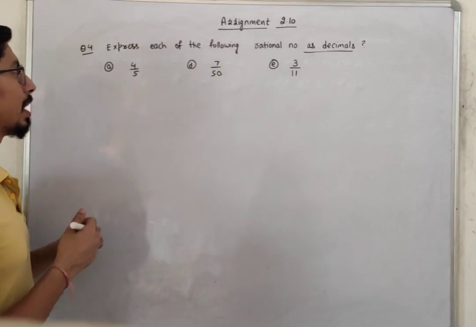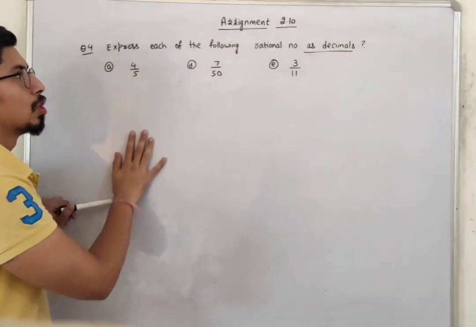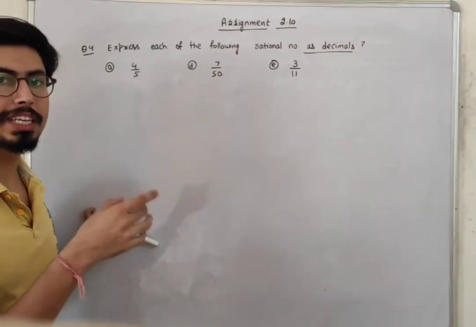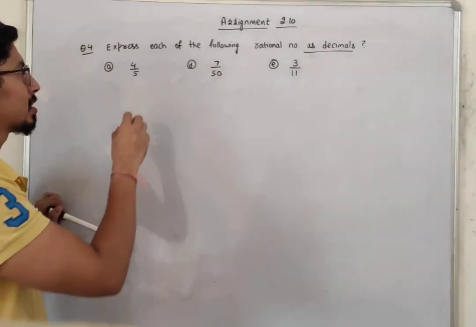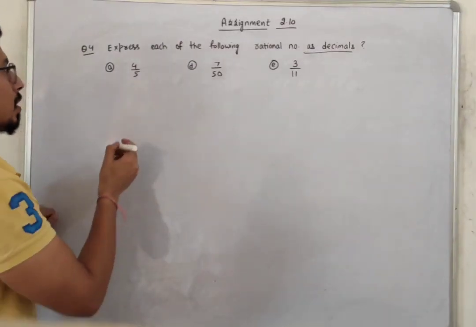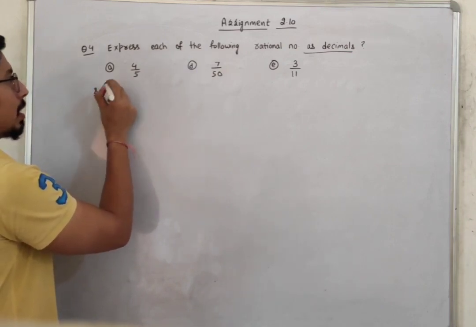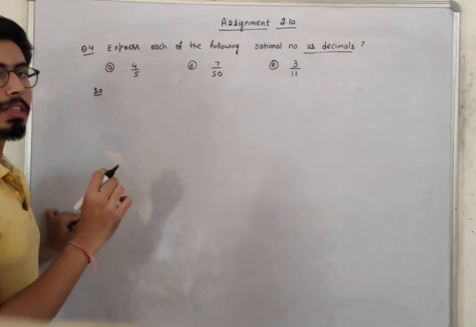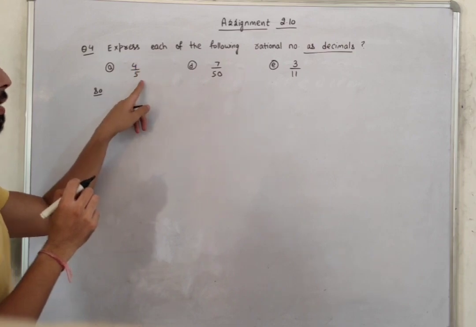See students, we have 4 by 5. To express it in decimal form, I am going to simplify this using the long division method. If I take 4 by 5, that means I have to divide 4 by 5.